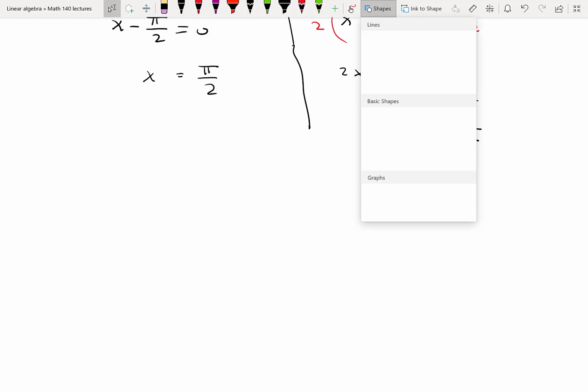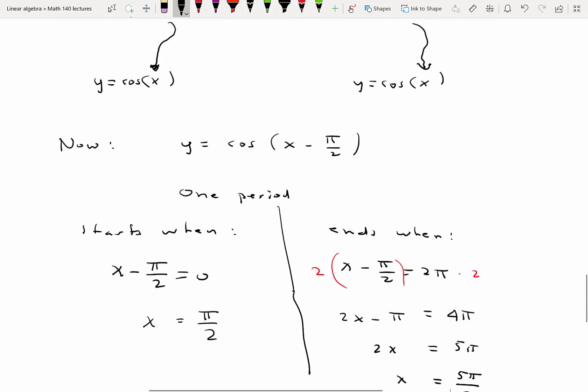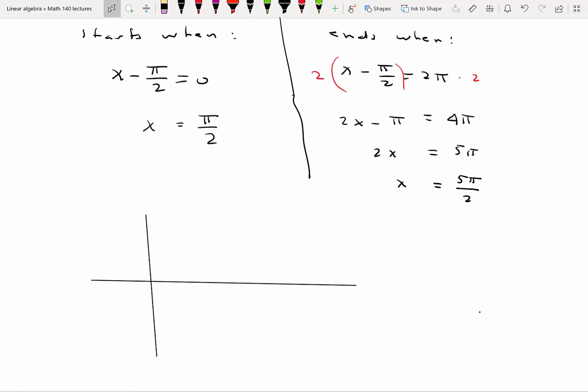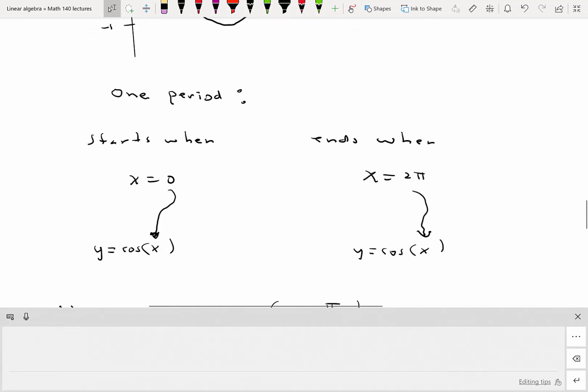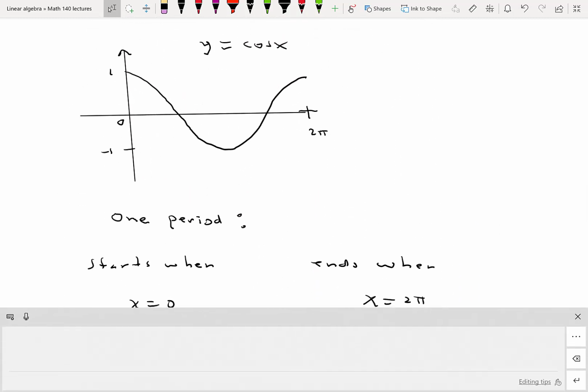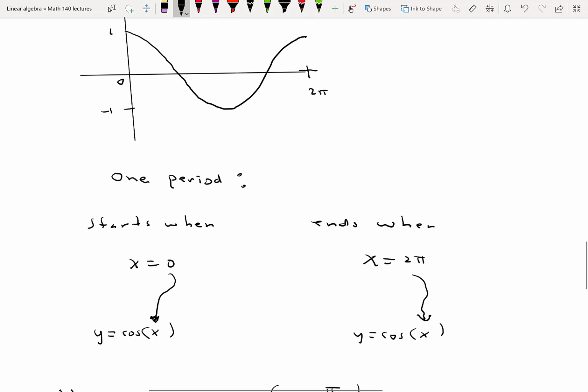Okay, now check out what that does to the graph of our function. It's going to have a really profound change on the graph of our function. Before, our graph started when x was equal to 0, and then ended when x was equal to 2 pi.